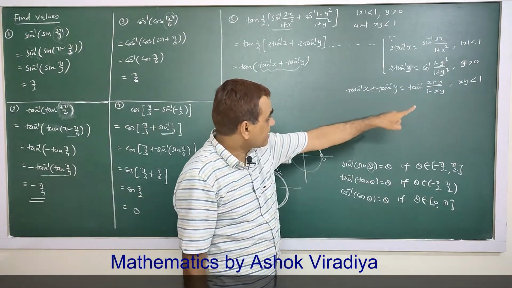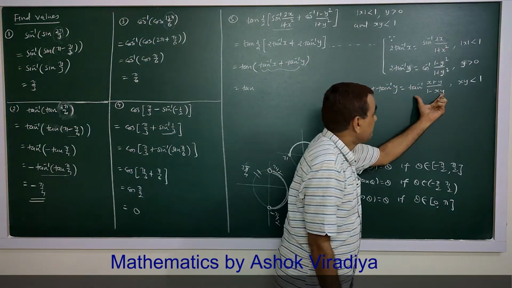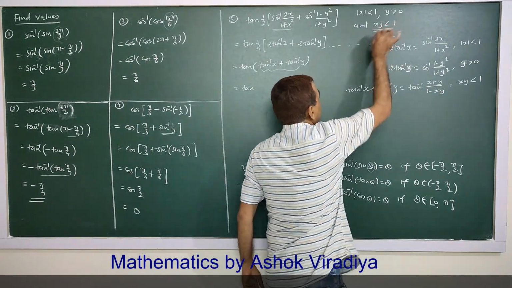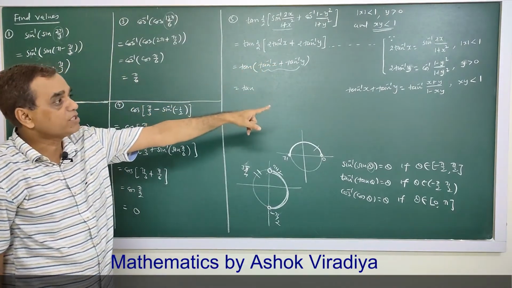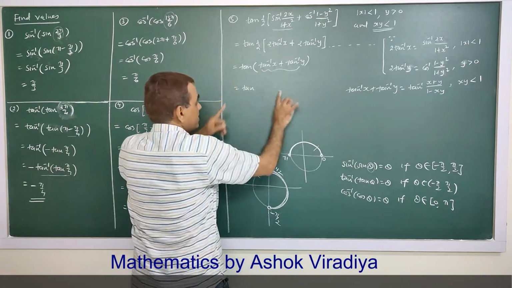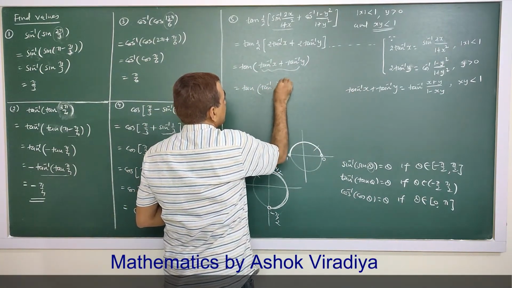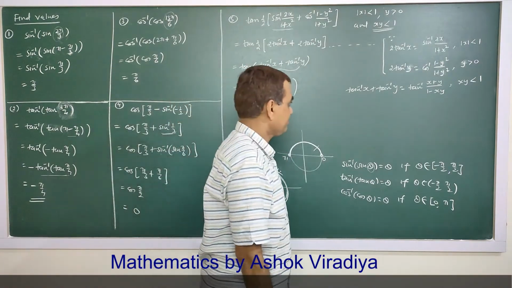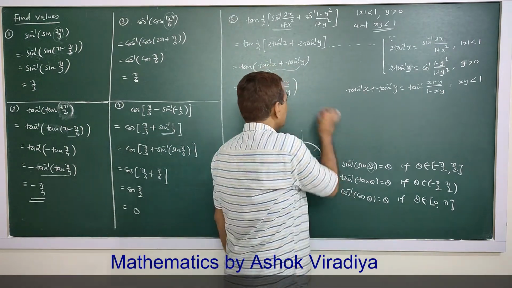If xy is less than 1, then we can replace the sum by this term. The required condition is given to apply this formula. So because xy is less than 1, by this formula it is tan inverse of x plus y upon 1 minus xy. For this step, this formula is used.